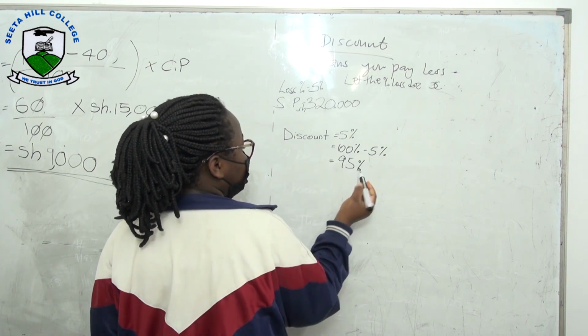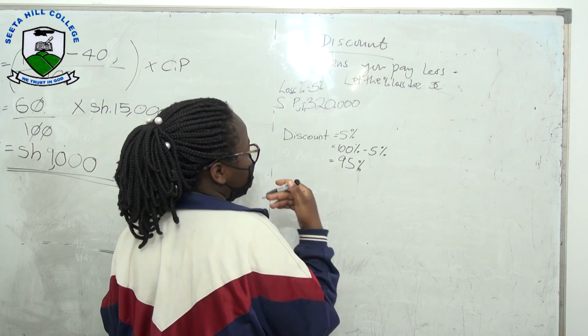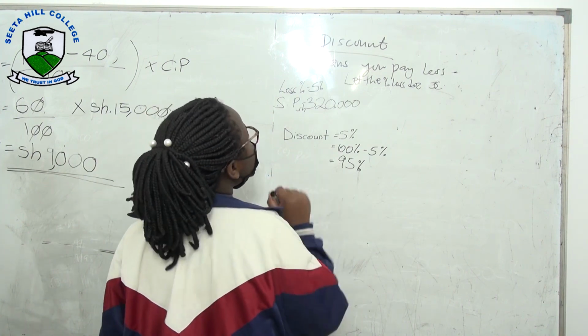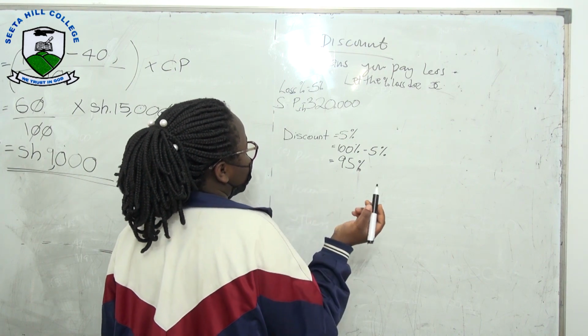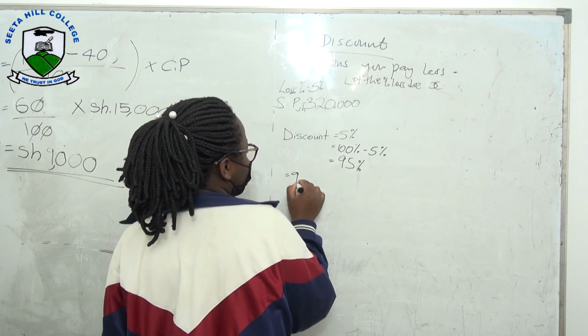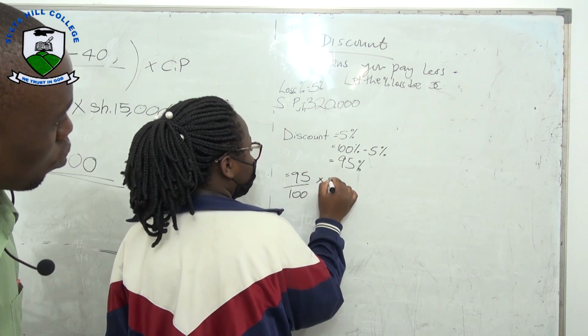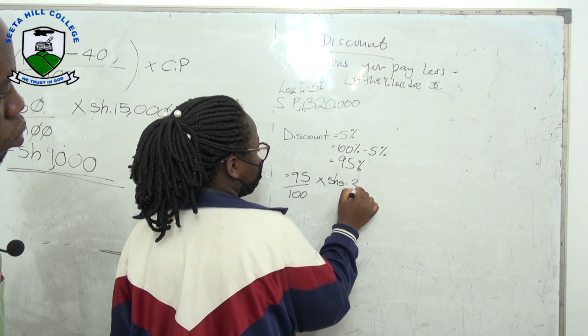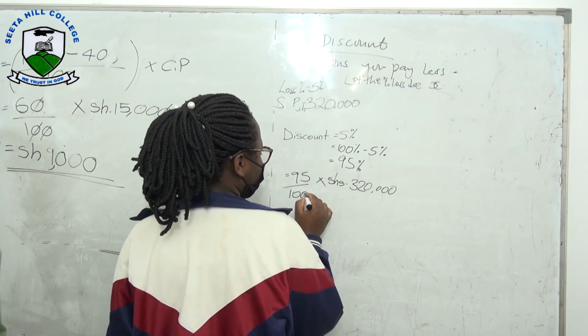Yes. So we shall multiply this discount times the amount we have, the selling price. So it will be 95 out of 100 times 320,000 shillings. Apply calculator.